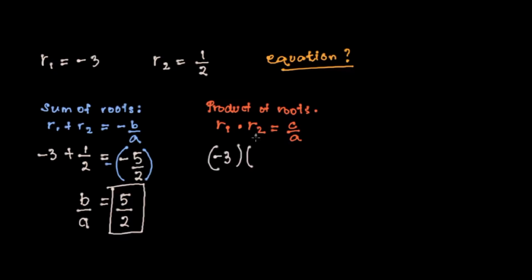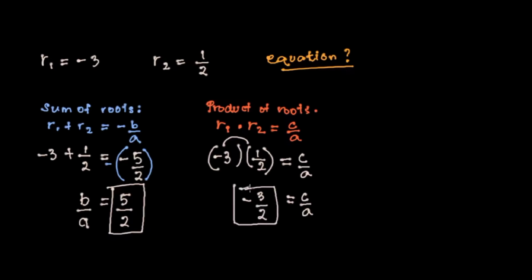Times, of course, we multiply it to 1 half, the second root. Now, if we multiply them together, what is that equal to? That is equal to c over a. Of course, c over a is the product of negative 3 and 1 half. That is negative 3 over 2. And yes, we have c over a.